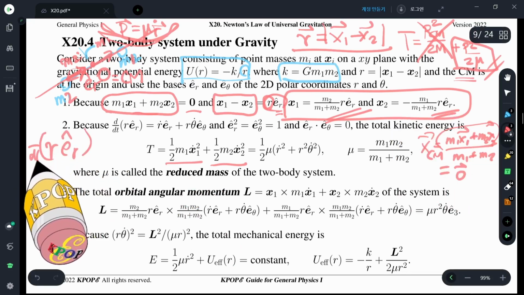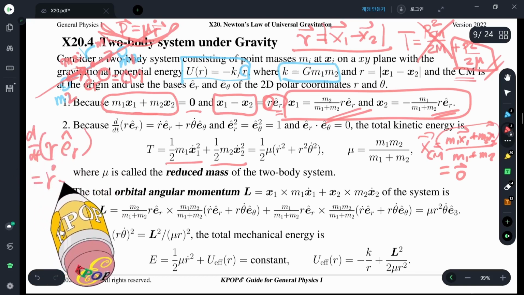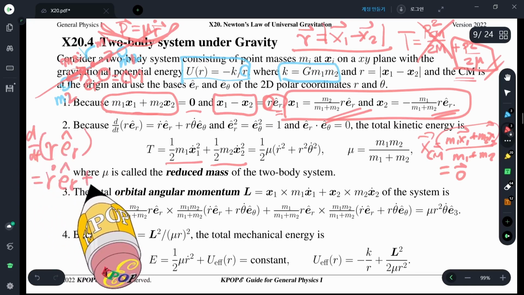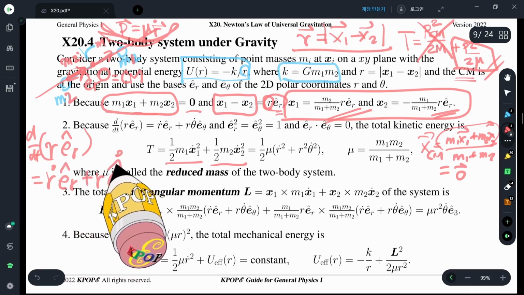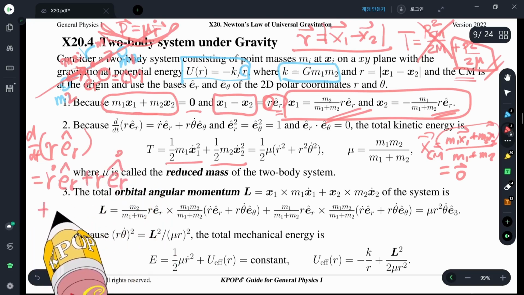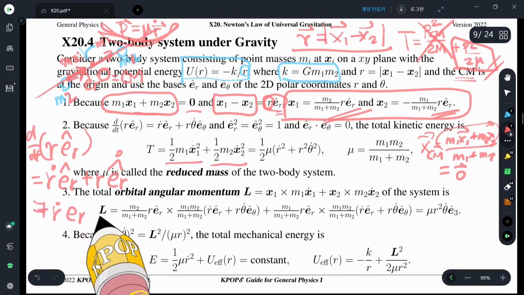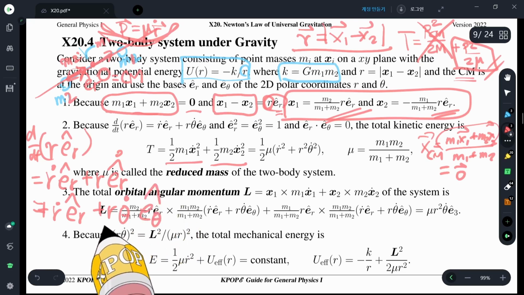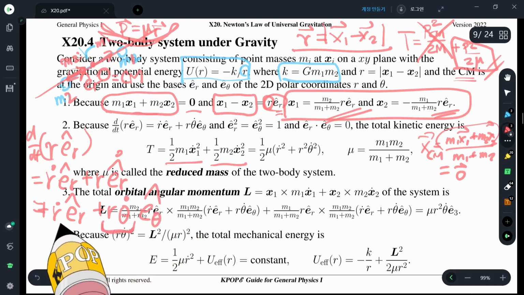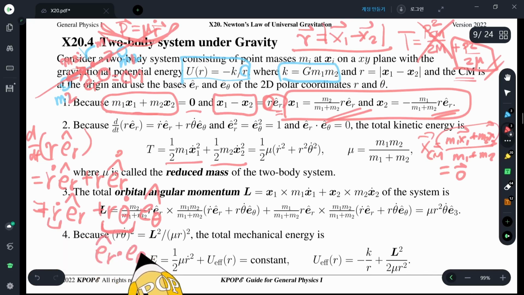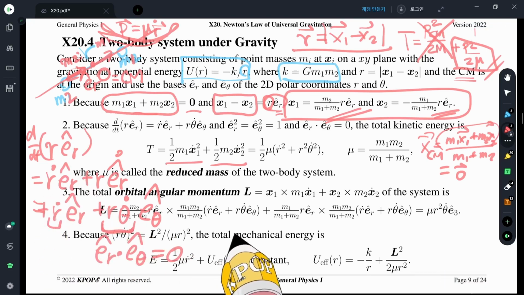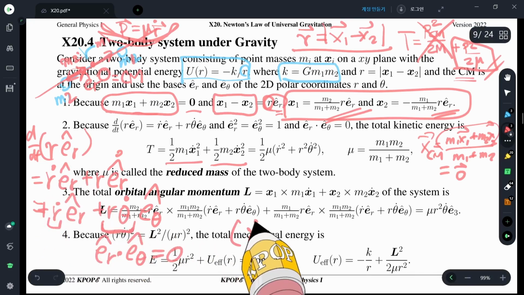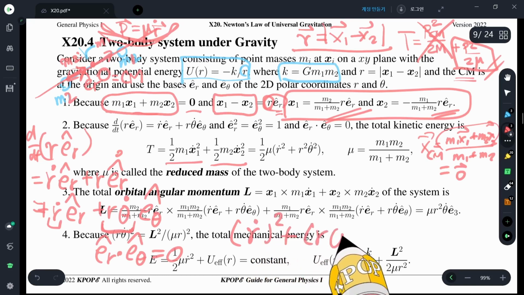Its time derivative is r dot er hat plus r er dot, and we remember er dot equals theta dot e theta, so r theta dot e theta is the tangential component of the velocity and r dot er hat is the radial component. And we know er hat and e theta are always perpendicular to each other. Therefore, the velocity squared is r dot squared plus r squared theta dot squared.